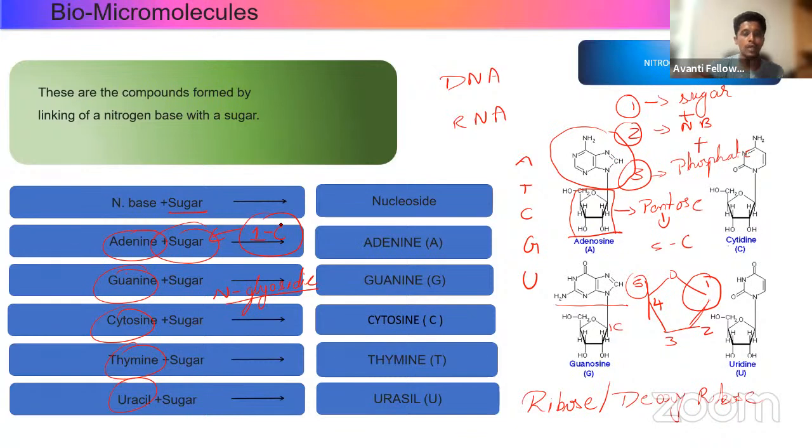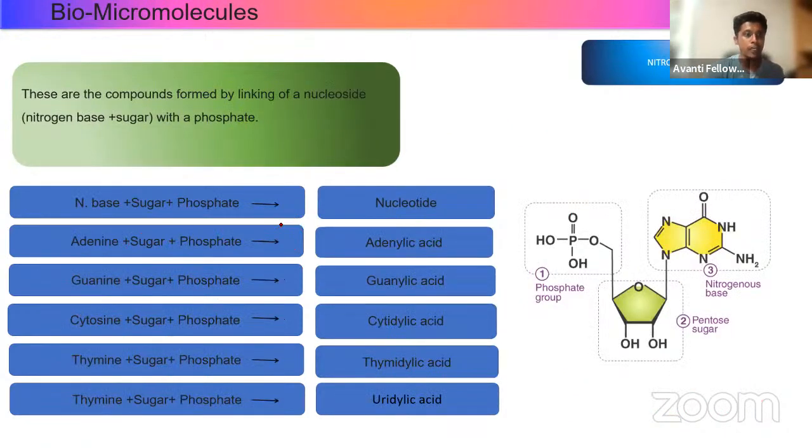So you call it adenosine, guanosine, cytidine. So deoxyadenosine, deoxyguanosine. These are called nucleosides. Now we have a nucleoside, isn't it? You can see here a nitrogen base is there and the sugar is there.